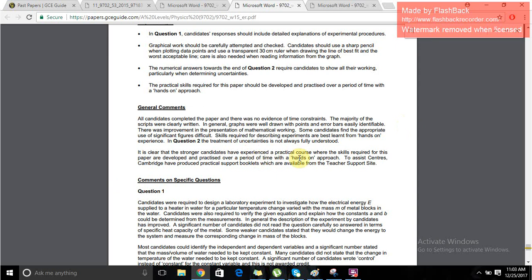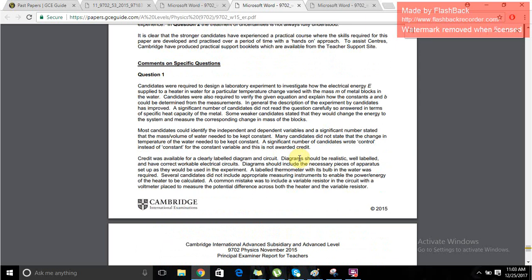Practical course, yep, this is important. If you don't have any actual hands-on experience, you might be a bit lacking, and so it's always a good idea to get some. The candidates were required to design a lab experiment to investigate how the electrical energy, capital E, supplied to a heater in water for a particular temperature change varied with the mass m of metal blocks in the water, right?